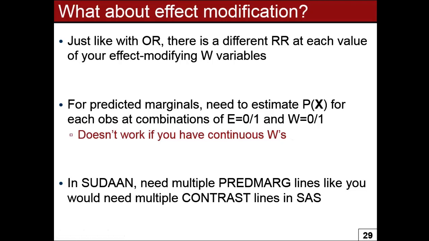The risk ratio, when you have a product term in the model, is going to change as a function of this W variable. Same business. So it will work. Sudan will let you do it. I'll show you the code to do this with effect modification. It does not work with continuous Ws. That's the only caveat. If you have a continuous effect modifier, Sudan won't do this, and it's going to get upset. So if you have a continuous W, I don't really have an answer.